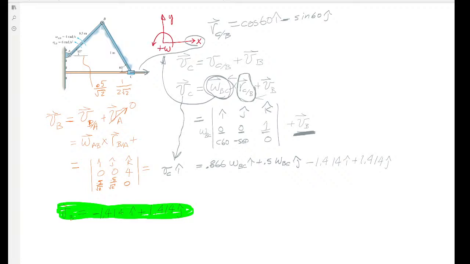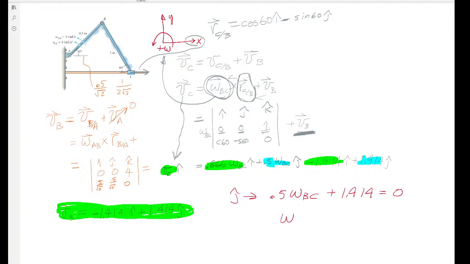Now I'm stuck with just solving an equation. So I'm highlighting the I components, and then I'm going to highlight the J components. And wow, okay, so from the J component, I get 0.5 omega BC plus 1.414 gives me nothing, because there's nothing over here on the left.